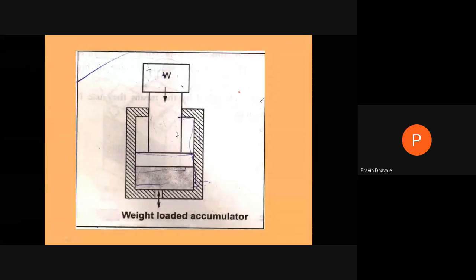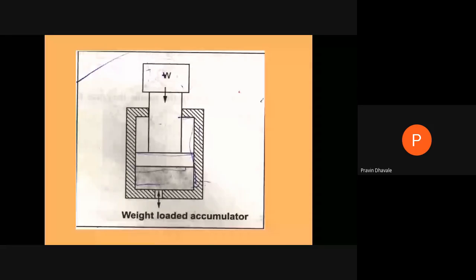Now what is the limitation of this? As we know, it has a large size, and it is bulky compared to other accumulators having the same capacity. So it will consume more space, and it will require heavy construction or structure in order to support such a heavy structure, right?